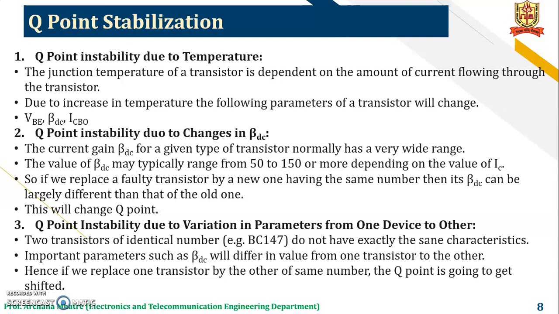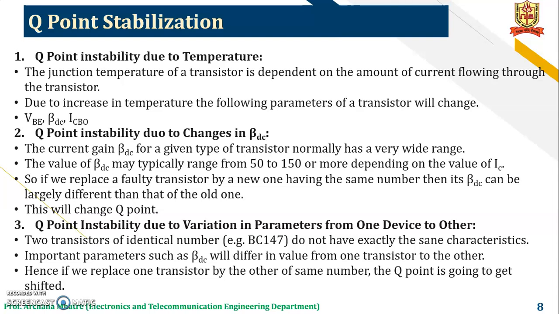Q point instability due to changes in beta DC. The beta DC for a given type of transistor normally has a very wide range. The value of beta DC may typically range from 50 to 150 or more depending on the value of IC.